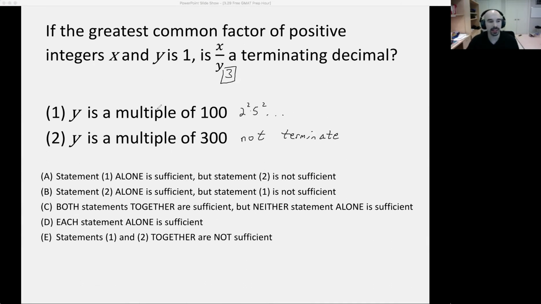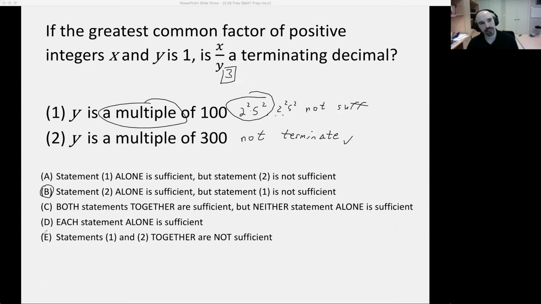Maybe I have some other stuff. I mean, this is a multiple of 100. It's not equal to 100. Could have other stuff there. And if I do, it will not. But if that's all I have, or if I just have more 2s and 5s, whatever, then it will terminate. So that's why that's not sufficient. But this one is. I know for sure that it will not terminate. And the correct answer is B.